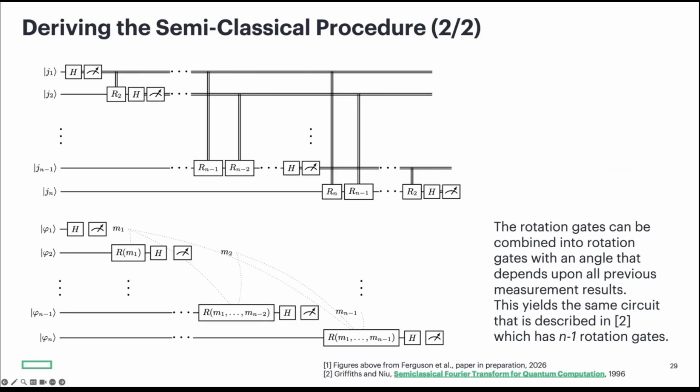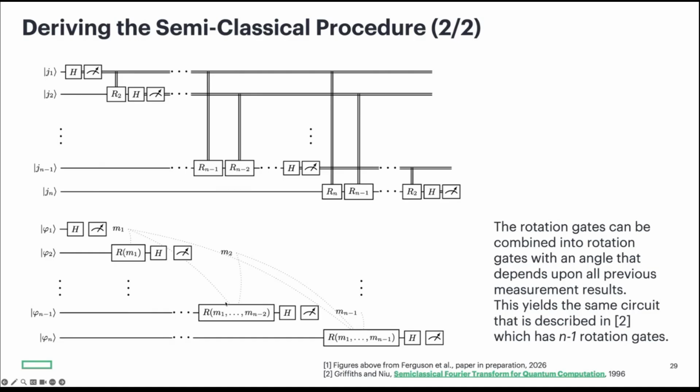Okay, there we go. So the next step is to realize, since these are all classically controlled conditional rotation gates, we can combine them. We can now have a process where we do a measurement, get some measurement value, and then do a rotation gate that's a function of the previous measurements.